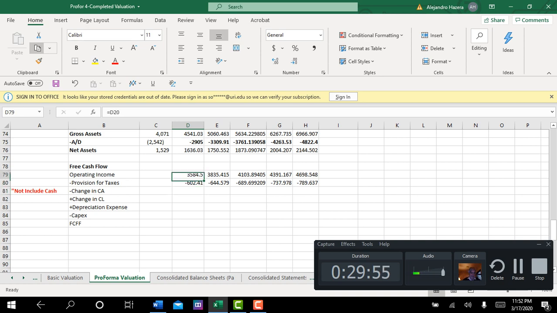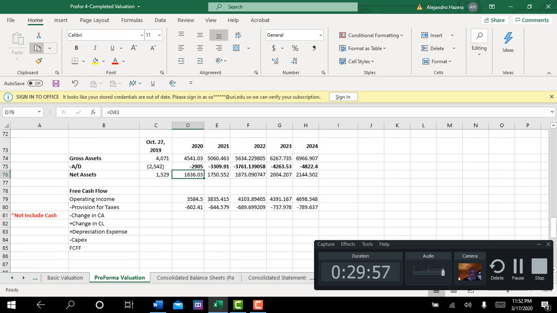Okay, now we get to a slightly tricky part, and let's keep the years in mind here. This is really the last tricky part of all this: we've got to subtract out the change in current assets, and then add back the change in current liabilities. Now, for the change in current assets, usually you could just take the total current asset line, take one year's difference and subtract out the last year's.